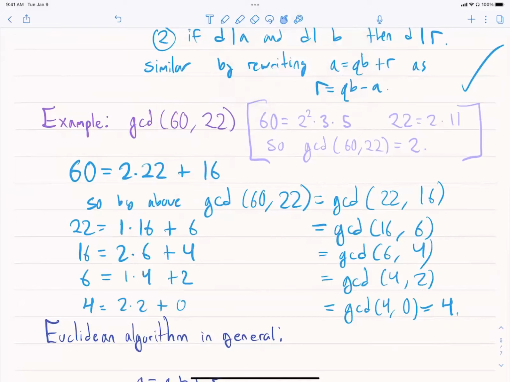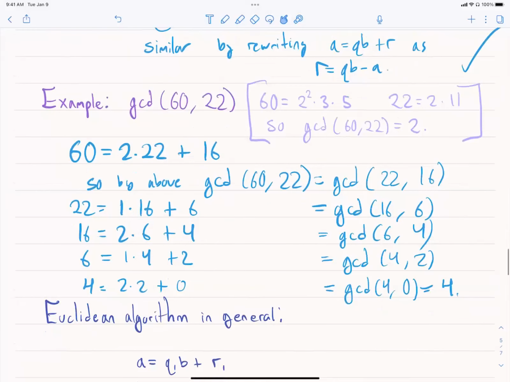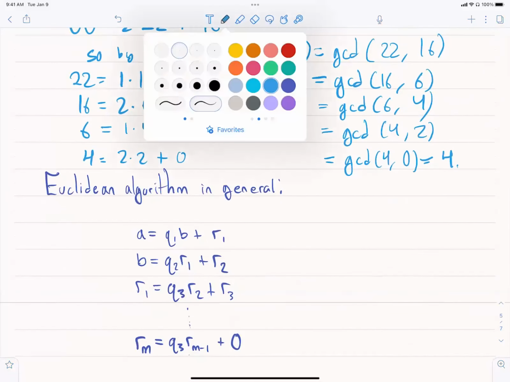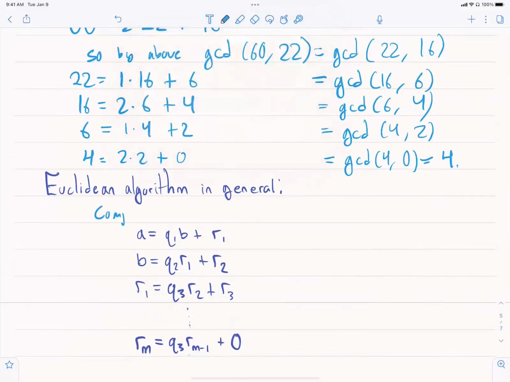Okay, and so that's what you do for the Euclidean algorithm. If you're computing the GCD of A and B, first you divide A by B, and so you get A is equal to Q1 B plus R1.